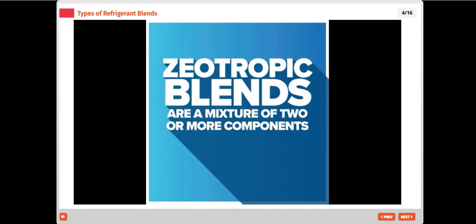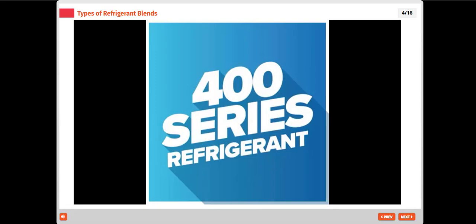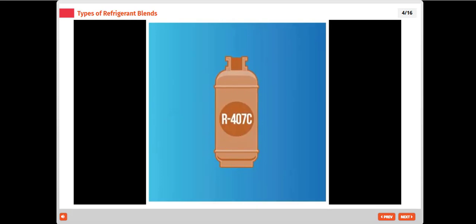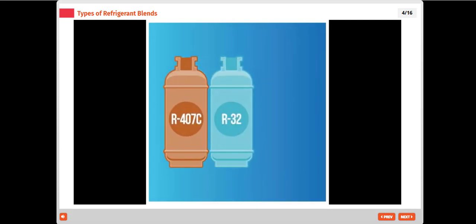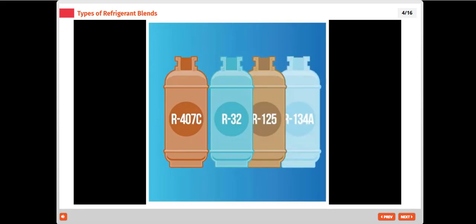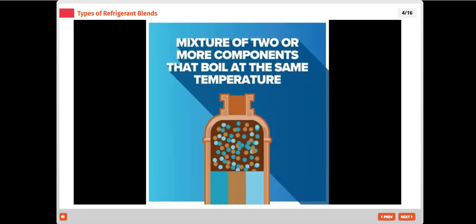Zeotropic blends are a mixture of two or more components. The components of this refrigerant have different boiling or bubble points. An example of a zeotropic blend is any 400 series refrigerant, such as R407C, which is a blend of R32, R125, and R134a. An azeotropic refrigerant is a mixture of two or more components that boil at the same temperature.